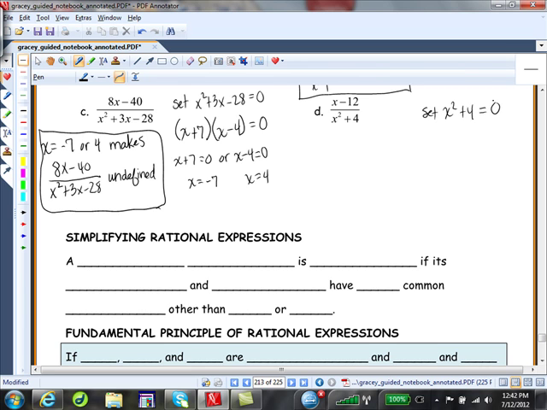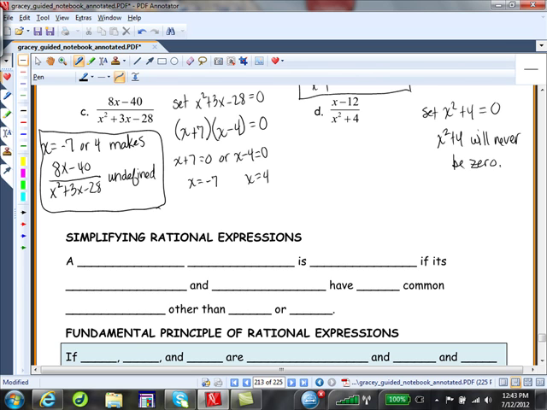Now, is there such a thing as a formula for the sum of two squares? No, there is not. So, here, think about it. If you square a number, do you get a positive or a negative? Good, you get a positive. And then you're increasing a positive number by 4. x squared plus 4 will never be 0.